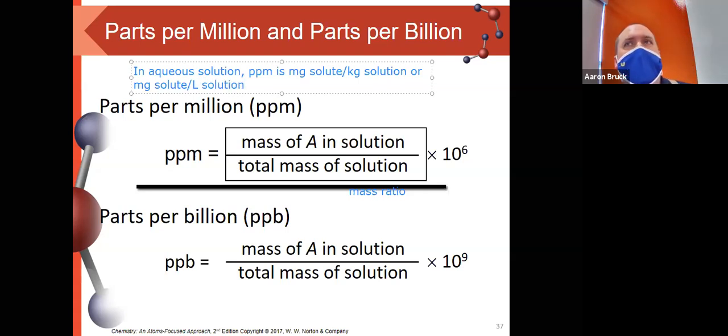And what we're taking advantage of there is the fact that if we're dealing with something aqueous, density is probably pretty darn close to 1, if not 1 exactly. A liter of solution in a low concentration is probably going to weigh about 1 kilogram.